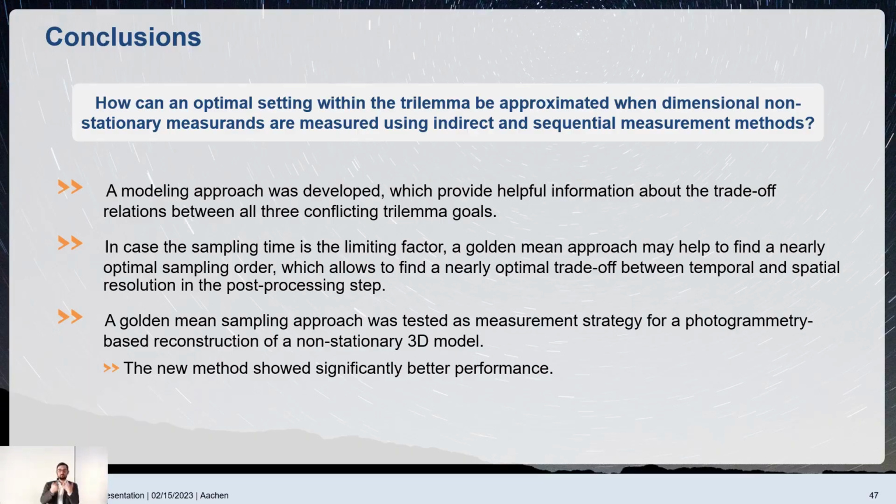So we could never know that before, we can only find it afterwards. And furthermore, a golden mean sampling approach was tested as a measurement strategy for a photogrammetry-based reconstruction of a non-stationary 3D model. And the new method showed significantly better performance here.